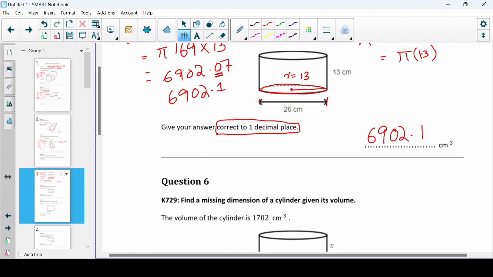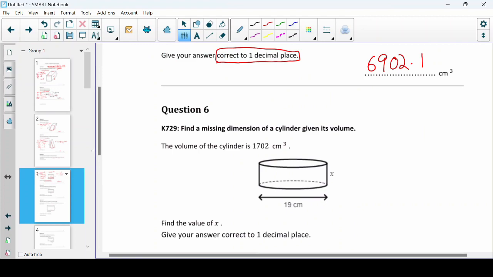And the question number 6, it says find the missing dimension of a cylinder given its volume. So the volume of the cylinder has been given to us and the height is missing. So what is height? We have to find this one. So the formula, we have discussed before, is base area times height.